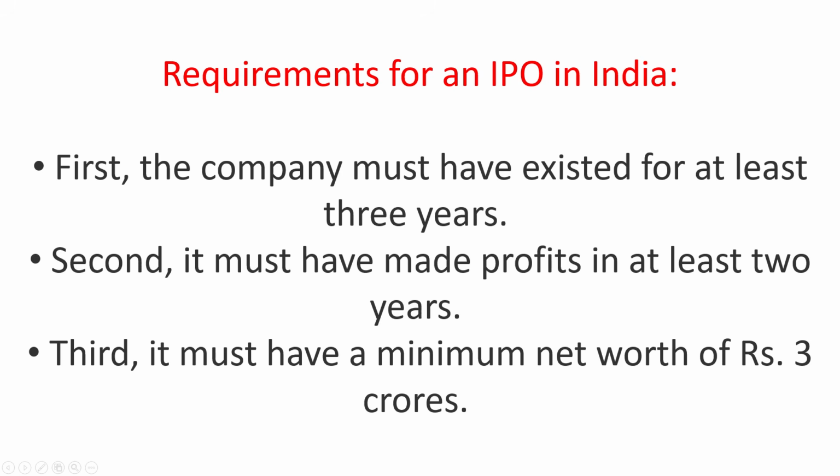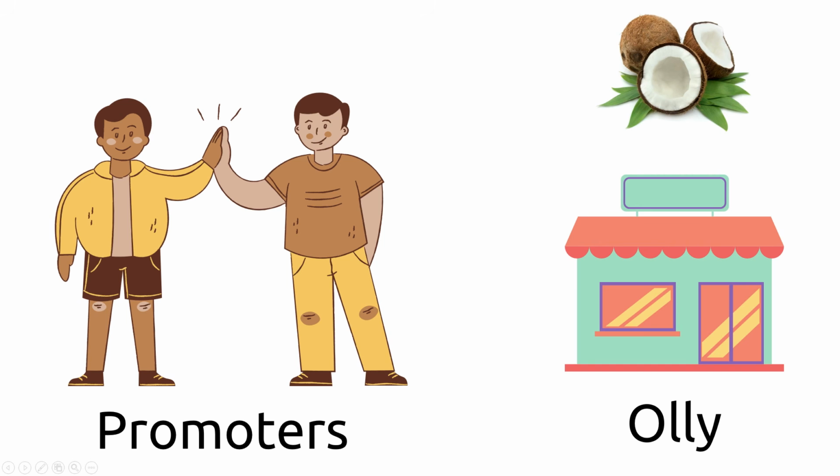To explain this, I will take the same example that I have been using. Let me quickly recap the story. Two friends want to start an industry that manufactures coconut oil. The friends who start the company are its promoters, and let us say that the name of the industry is oil.